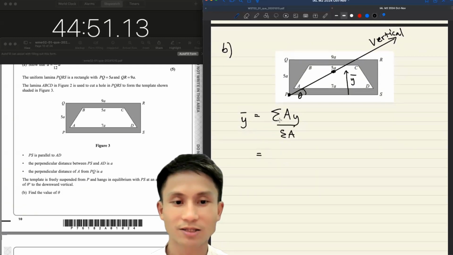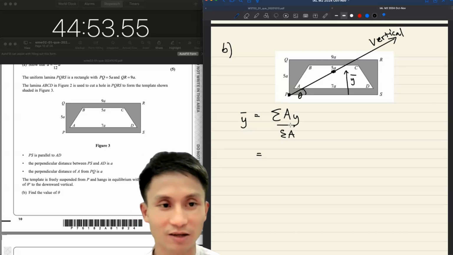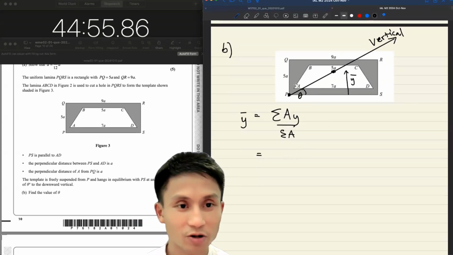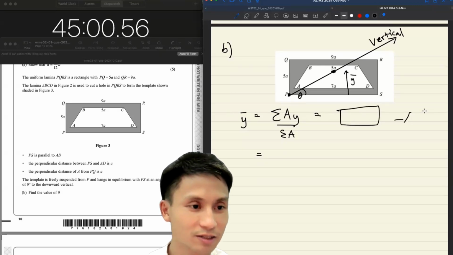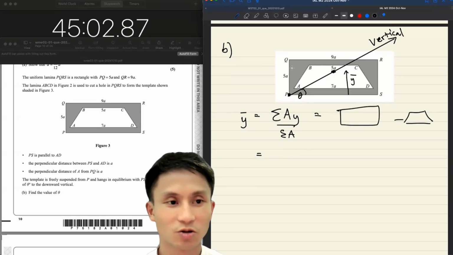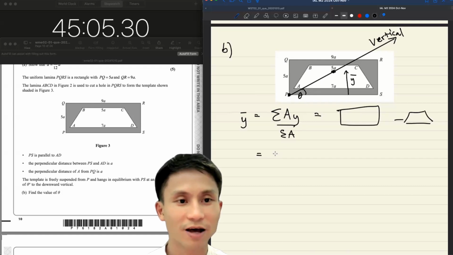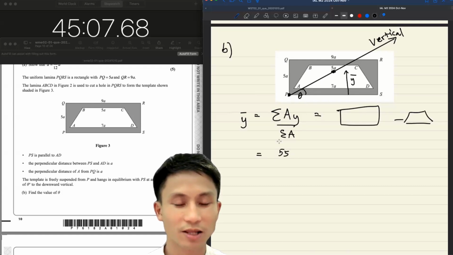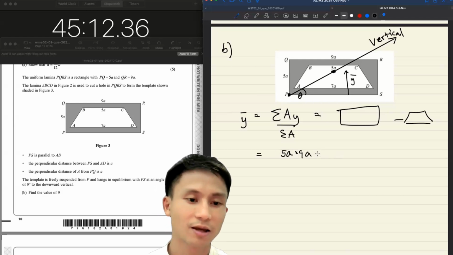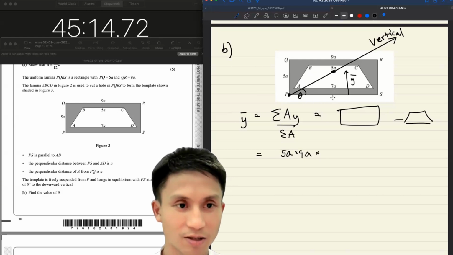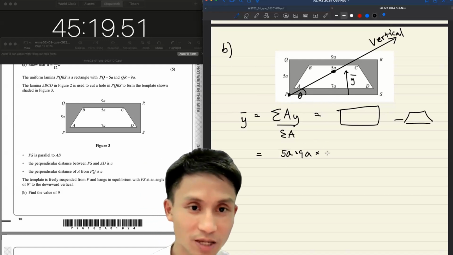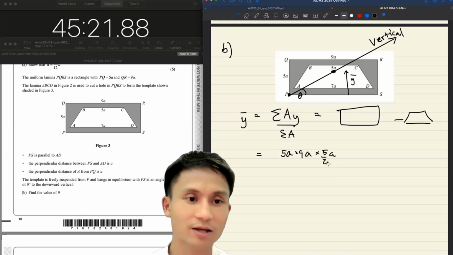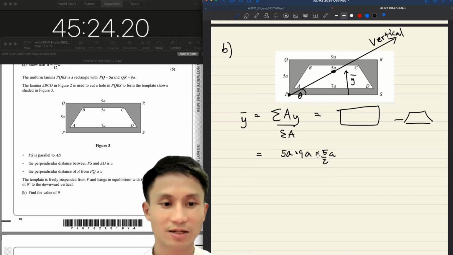But sigma in this case also includes subtraction if there is one. So I'm going to do the bigger shape minus this trapezium inside. The bigger one has the area of 5a times 9a, and the center of mass of the bigger one without the cutout would be 5 over 2a, just at the center there.